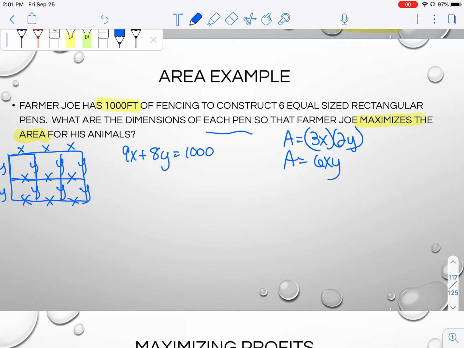So how can I maximize? I need a parabola in order to find the maximum. It's got to be a quadratic equation in order to find a vertex. All right, so how am I going to do that? Well, I'm going to simply solve my materials equation, my 1,000 feet of fence equation, for y, and then substitute in for the y in my area. So let's get y by itself over here.